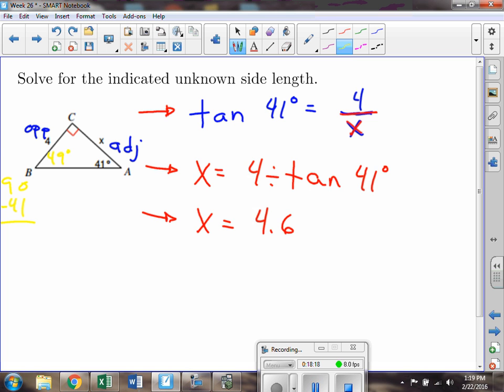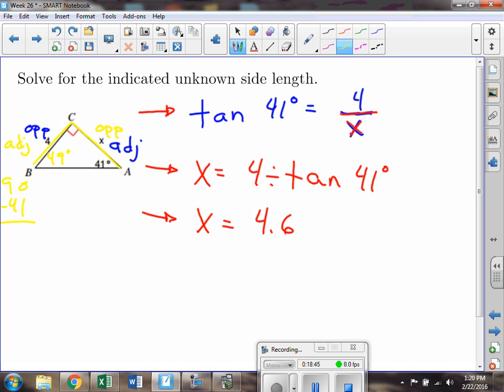Using that then, 4 is adjacent to the 49 degree angle, and x is opposite the 49 degree angle. You'll notice by picking the other angle, opposite and adjacent get flipped around. That's what we were discussing with the cofunction theorem. Opposite and adjacent are just different names depending on which angle you're using.